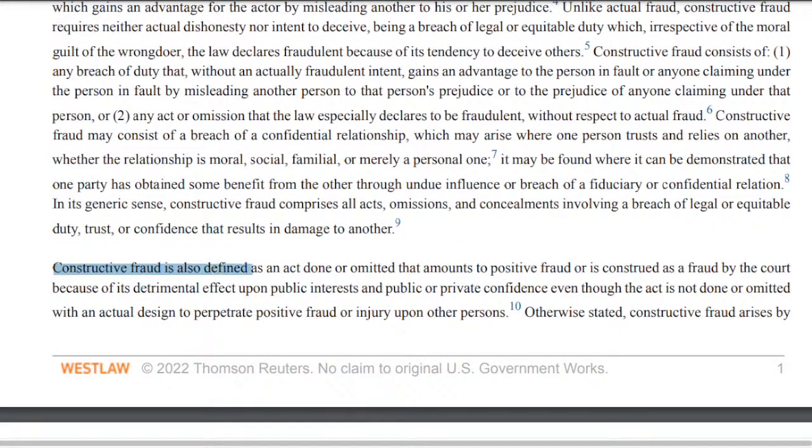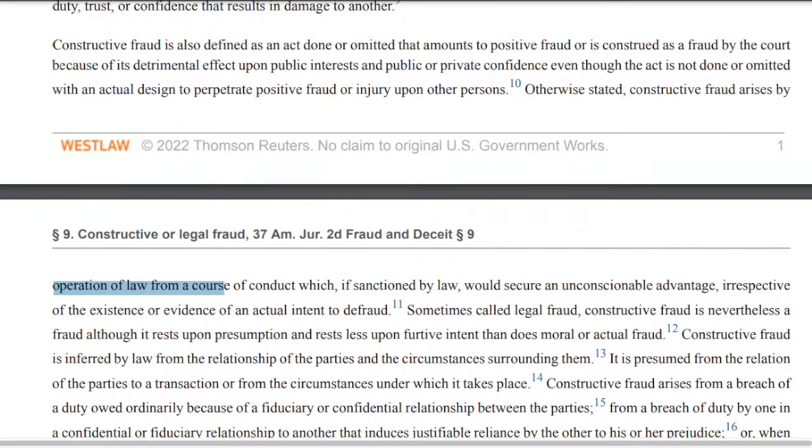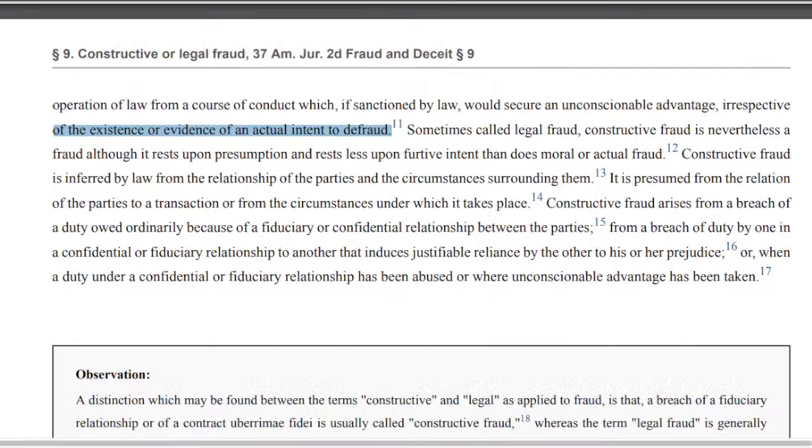Constructive fraud is also defined as an act done or omitted that amounts to positive fraud or is construed as a fraud by the court because of its detrimental effect upon public interest and public or private confidence, even though the act is not done or omitted with an actual design to perpetrate positive fraud or injury upon other persons. Otherwise stated, constructive fraud arises by the operation of law from a course of conduct which, if sanctioned by law, would secure an unconscionable advantage, irrespective of the existence of the evidence of an actual intent to defraud. So there it is.